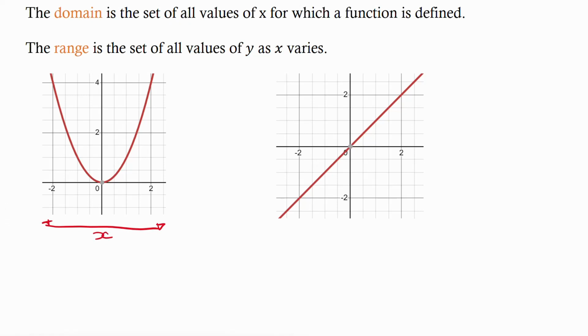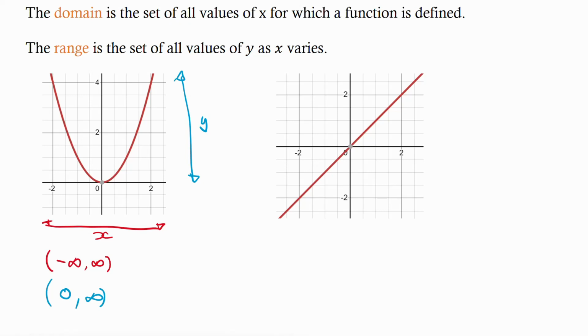A parabola doesn't necessarily end, so our domain here would be from negative infinity to infinity. Now, range is this way and this way, because those are our y values. In this case, it doesn't go on to negative infinity. It actually stops at 0 there. So our range here would be from 0 to infinity, because it'll just keep going up and never stop.